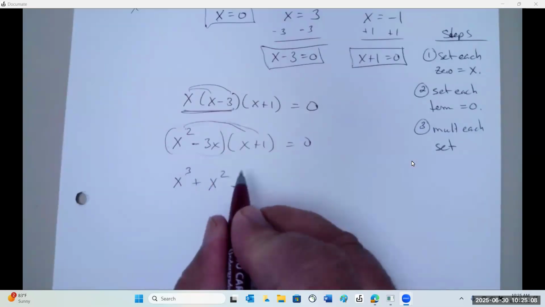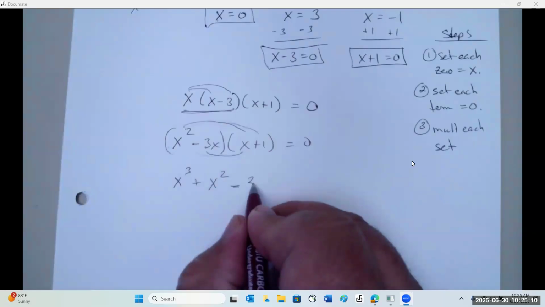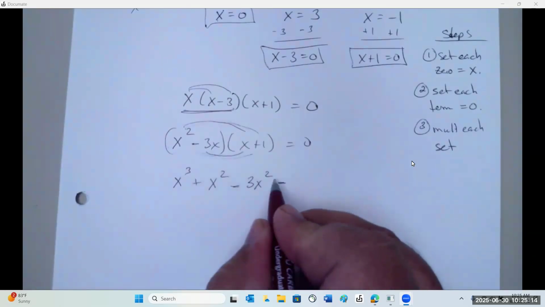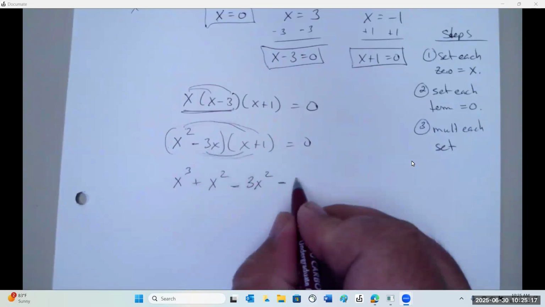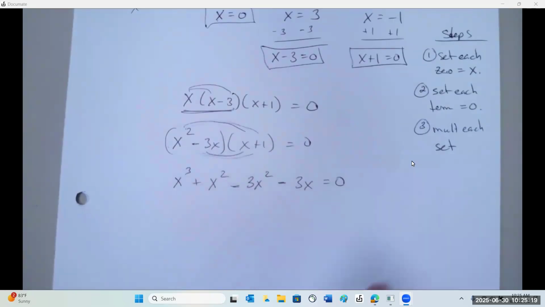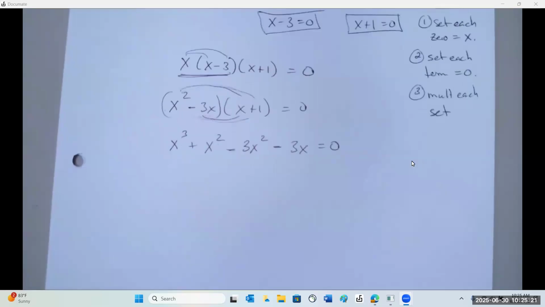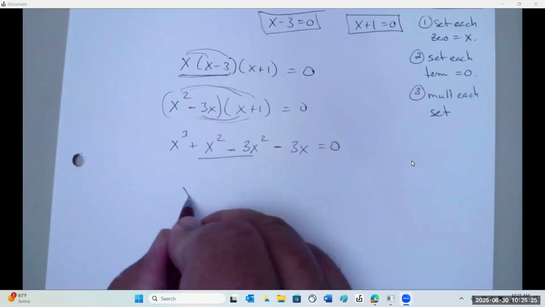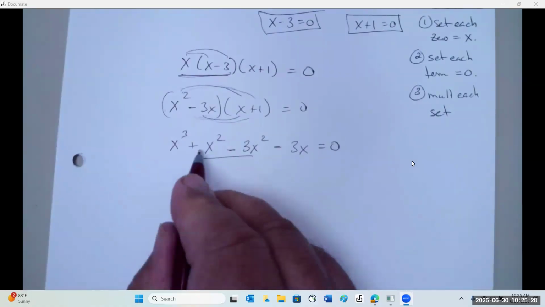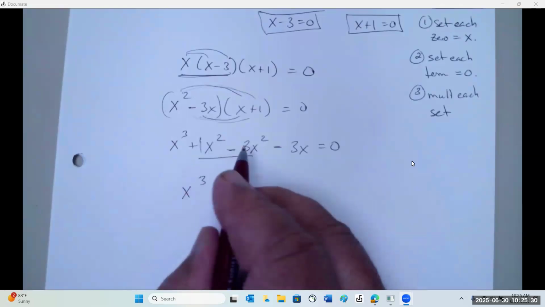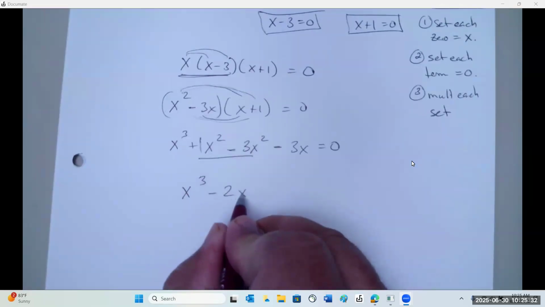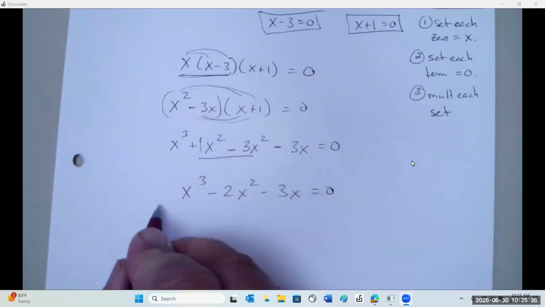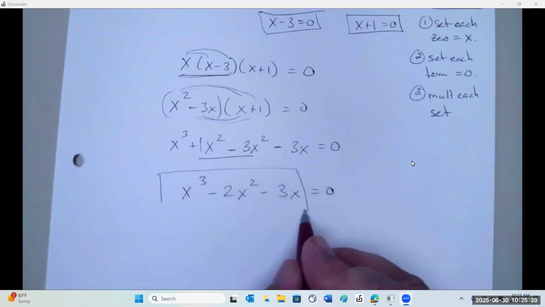Negative times positive is negative. 3x times x is 3x squared. Negative times positive is negative. 3x times 1 is 3x, equal to 0. Combine like terms. Positive 1 minus 3 makes it negative 2x squared. And there's my polynomial.